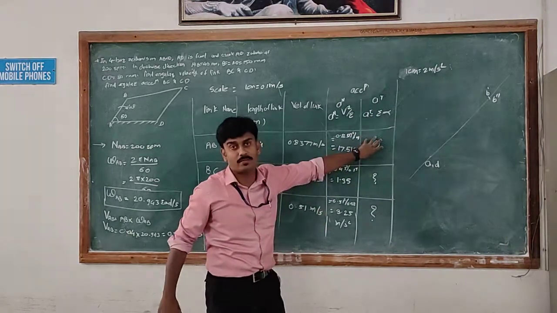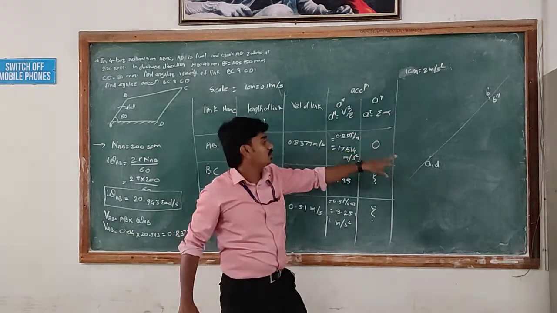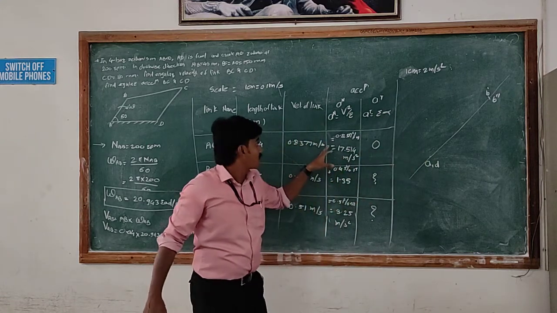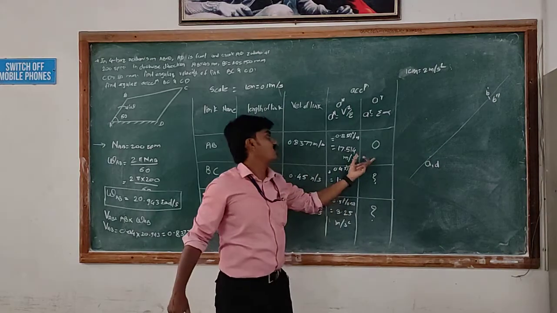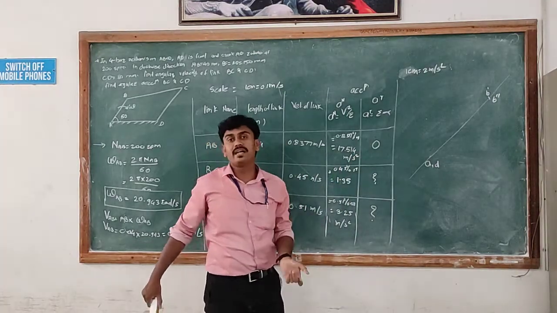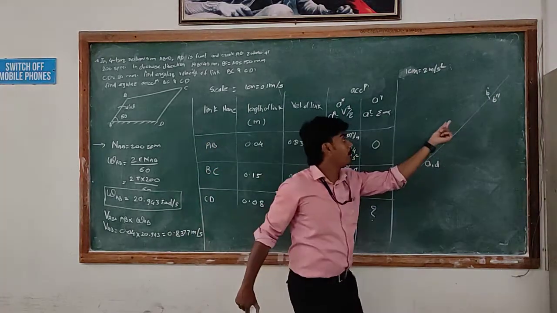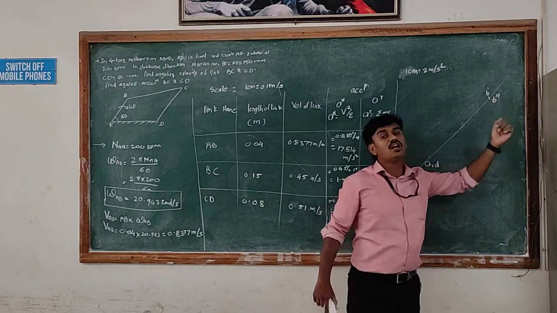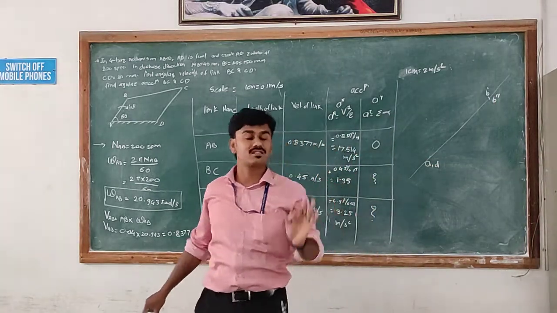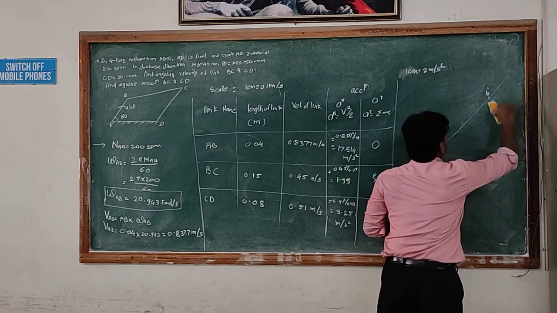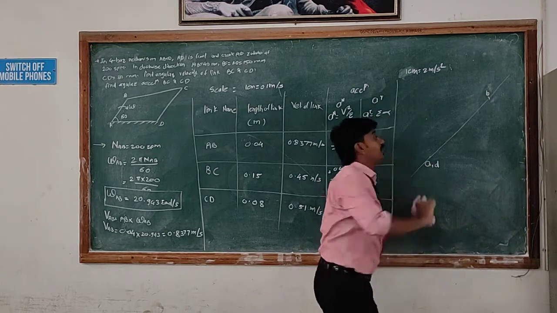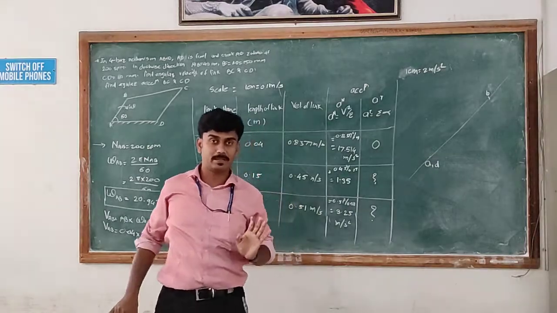Because the tangential component of acceleration is 0. So for the normal component we will mark B dash, and for the tangential component we will mark B double dash. As both the points appear at the same position, our final point B appears at this position. So I will remove all the notation and only keep point B.